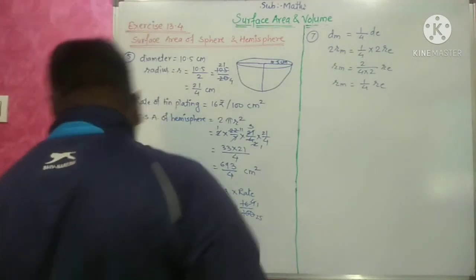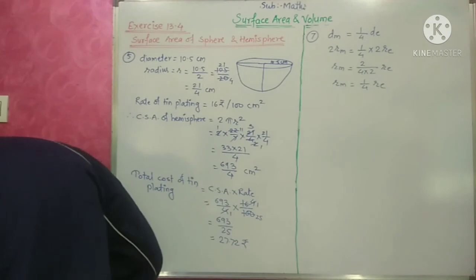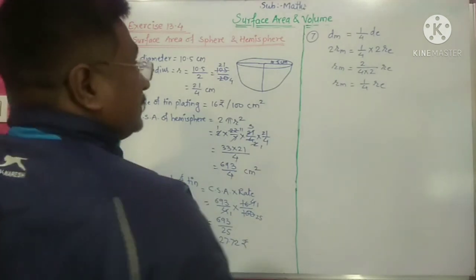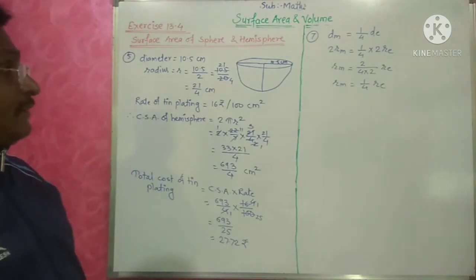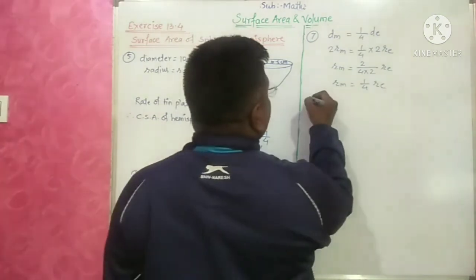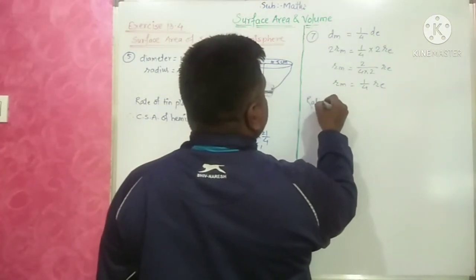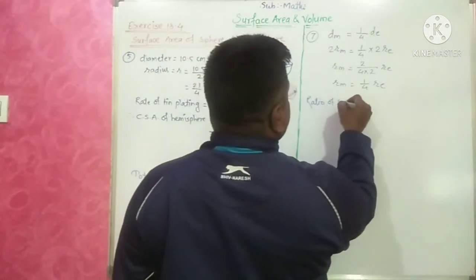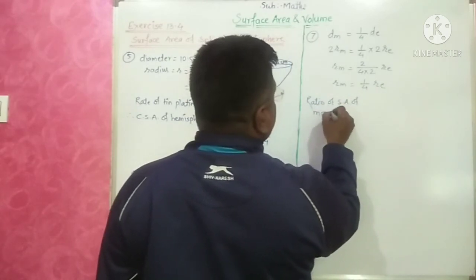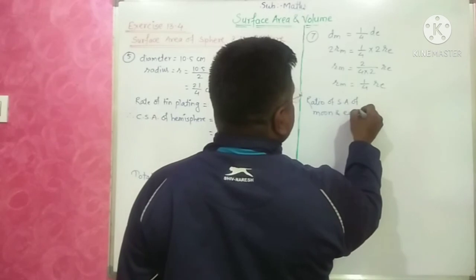Then what do they ask us to find here? Find the ratio of their surface areas. The ratio of surface area of moon and earth we have to find.